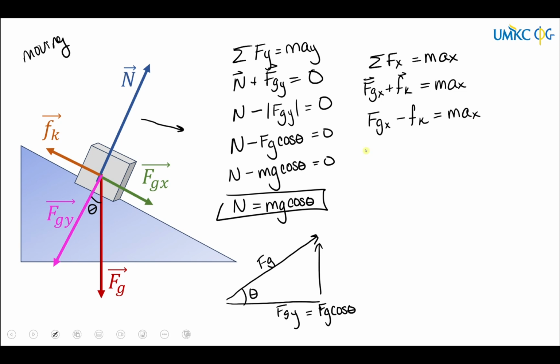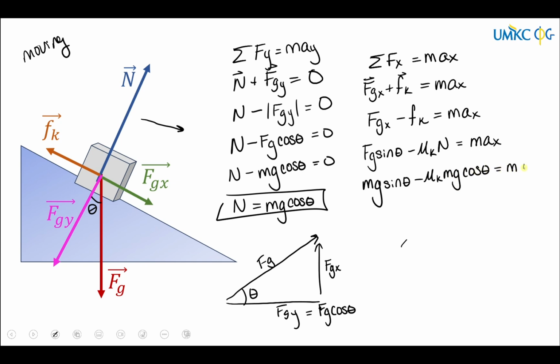I can replace FGX with Fg sine theta. It is sine because it is now opposite. And I can replace the force of kinetic friction with minus mu sub k times my normal force is equal to mass times acceleration in the x direction. I know that the magnitude of the force of gravity is just mg sine theta, and I have an equation for my normal force, mg cosine theta.